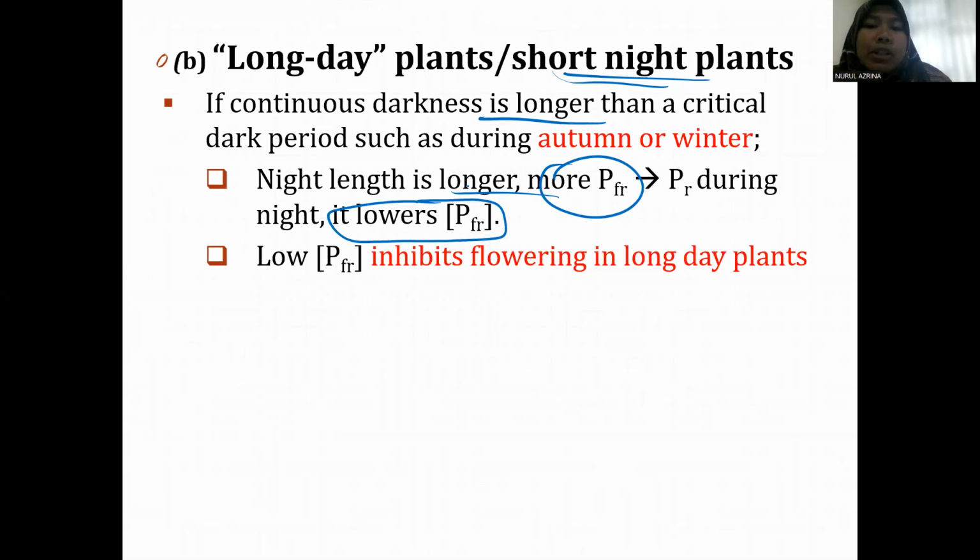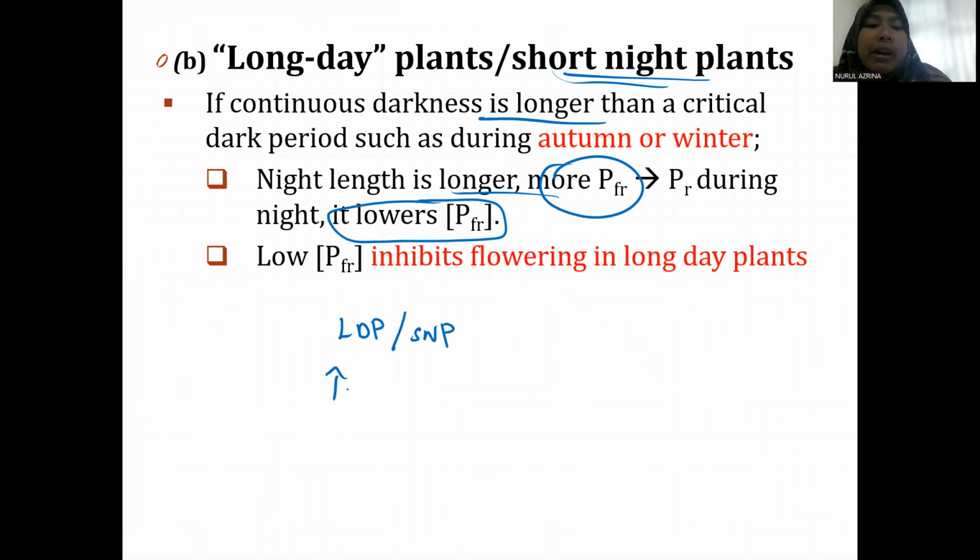Okay, so madam buat conclusion kat sini. So long day plant or short night plant, we are talking about long day plant or short night plant right now. So dia nak apa? Okay, dia nak shorter continuous dark period than the critical period for it to flower, right? So tempoh gelap pendek. So sikit PFR can be converted into PR.